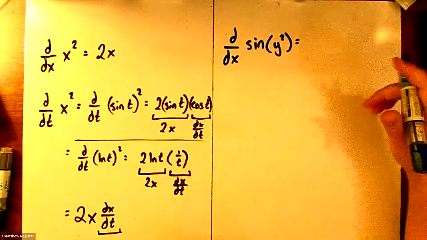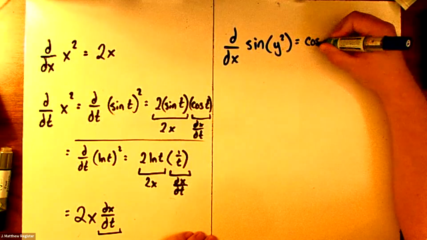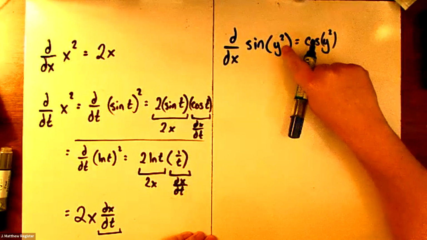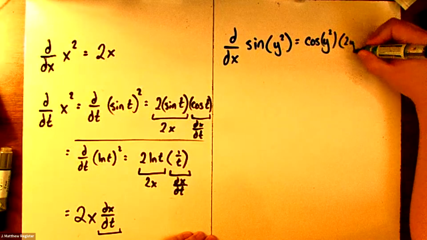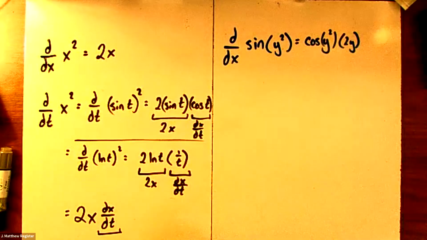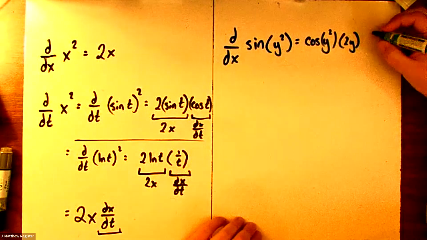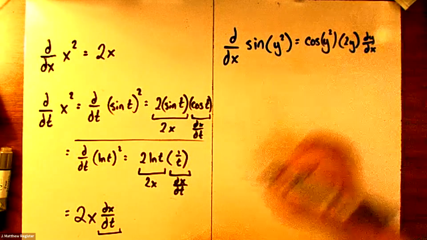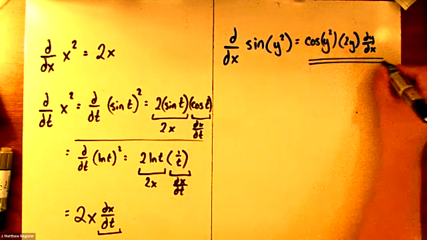And so we start at the outside. The derivative of sine is cosine of y squared times the derivative of y squared, which is 2y. And then we need to multiply that by the derivative of y with respect to x, which would be dy/dx. This is the answer.